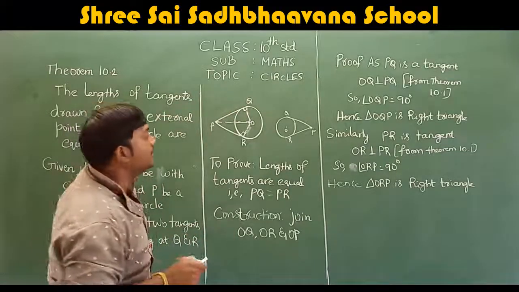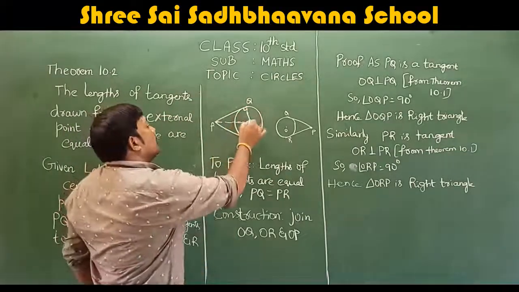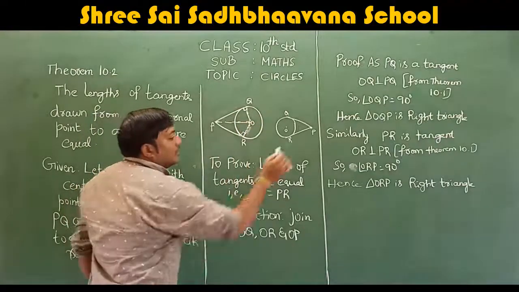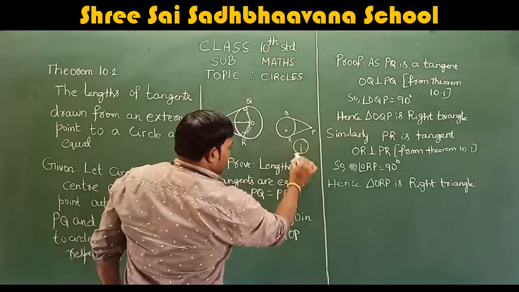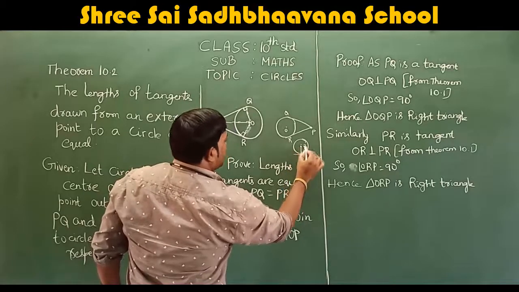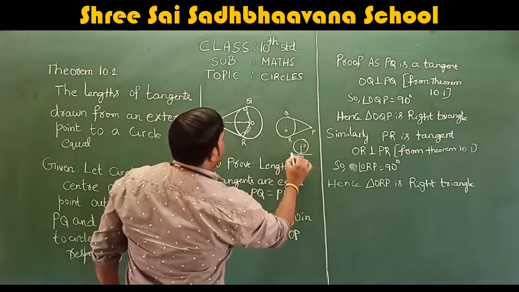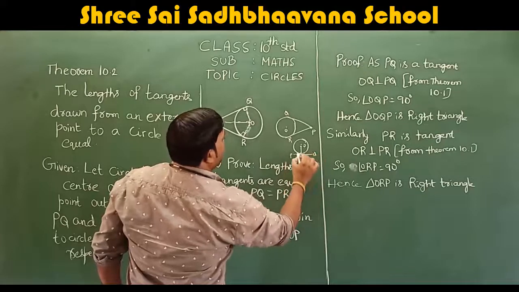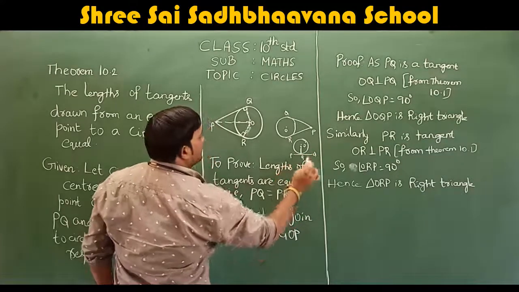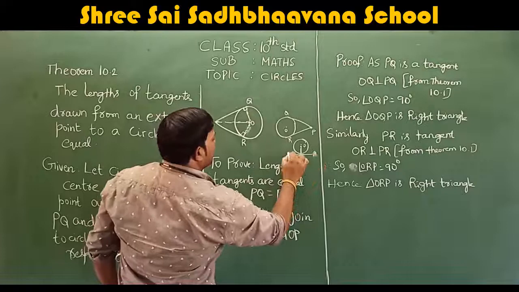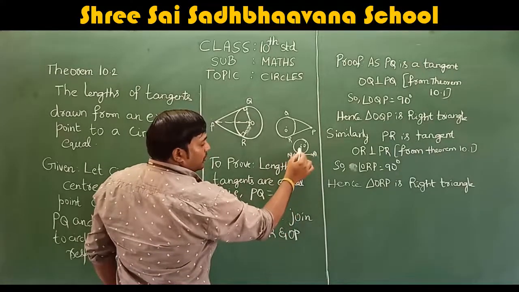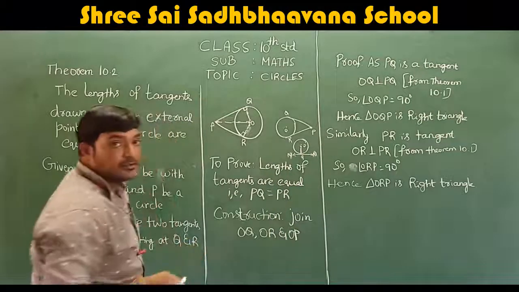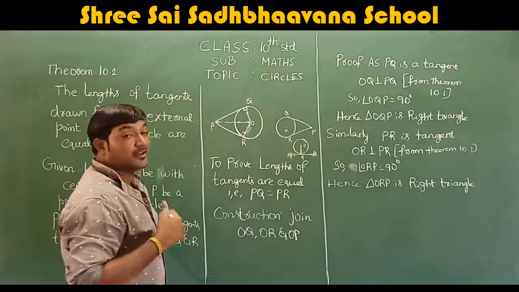From the last theorem, you might have understood how I proved it: you take this as PQ, and obviously this as some line MN. So OQ is perpendicular to MN, correct. This was the proof we did for the last theorem.